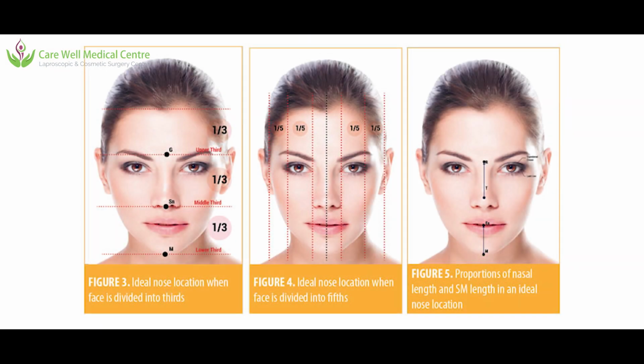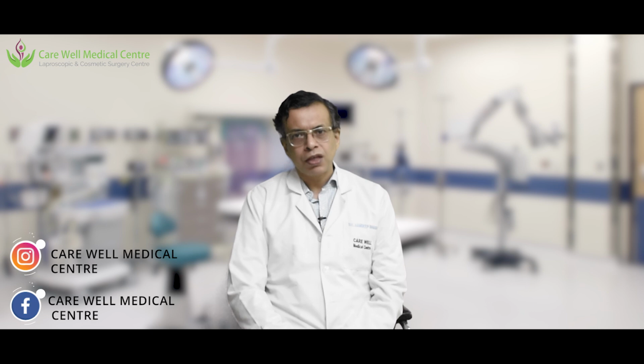First is the length of the nose, and ideally the length of the nose is from the lower lip to the chin. If you take that length, the length of the nose should be approximately that. This length of the nose is usually between 3 to 4 centimeters in most people. And the height of the nose, or the projection of the nose, is 0.67 of the length of the nose, which means it is just more than half of the length of the nose.